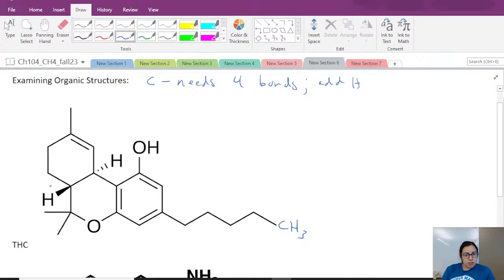So spend some time with this structure. See if you can fill in the hydrogens. Remember, hydrogens are drawn explicitly on oxygens and nitrogens, so it's only the carbon that they don't show hydrogen. And see if you can come up with a formula.